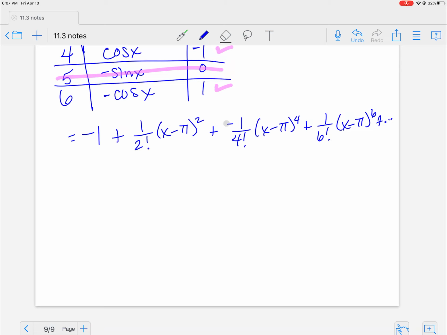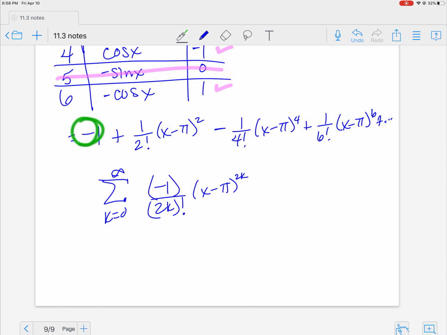So if I want to look at this pattern, here's the real kicker. I'm going to make this a minus so you can see that better. I'm starting with a negative sign. So whenever I'm looking at my series here, this is still over 2k factorial, right? We can see that. And we have x minus pi to the 2k. All right?